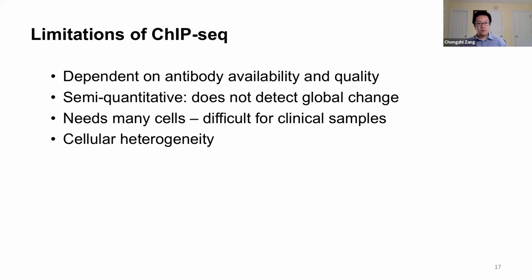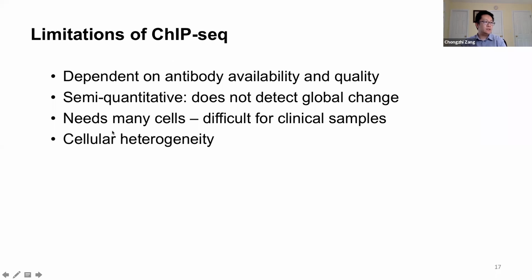Because when we do the peak calling or other analysis, we use the entire genomic background. If the entire background level has changed, we cannot detect this global increase or decrease. In that case, sometimes a spike-in control would be helpful, but the analysis will also be tricky.